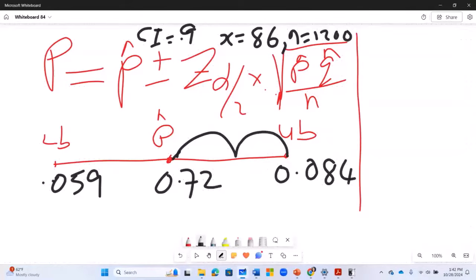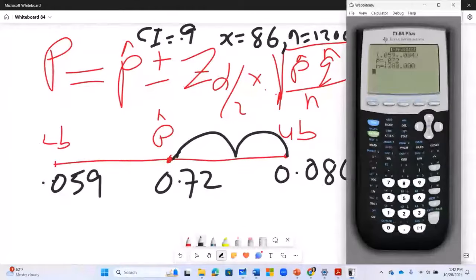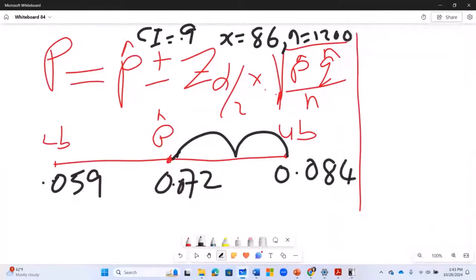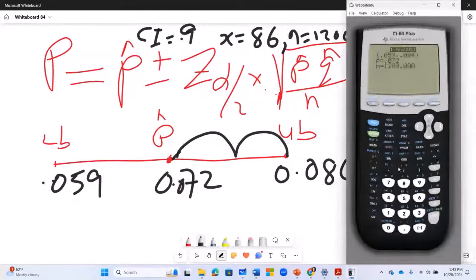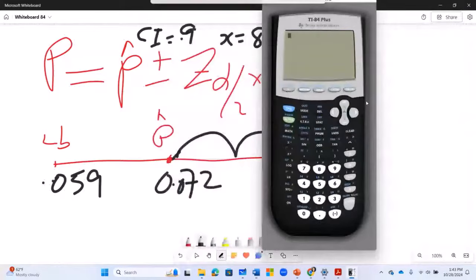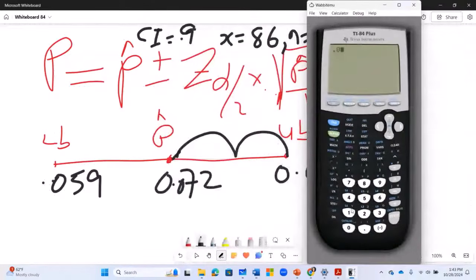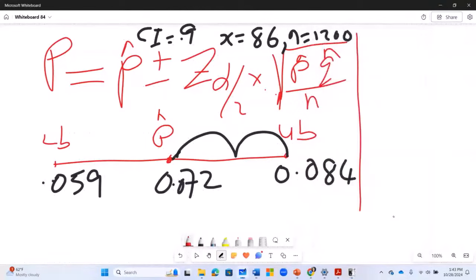So all I have to do is 0.084 minus the point estimate, 0.072, and that's the margin of error. So the margin of error is 0.012.